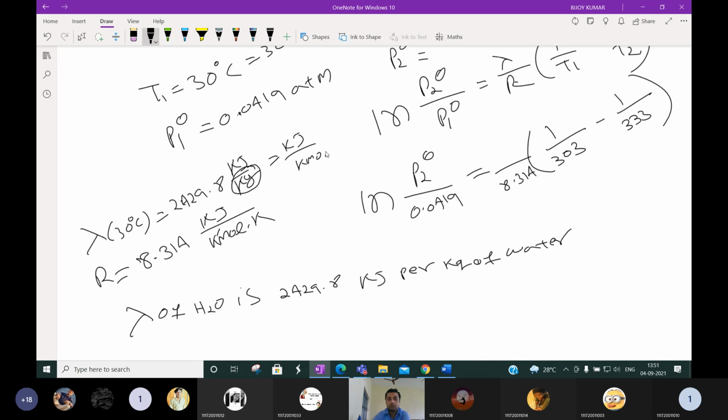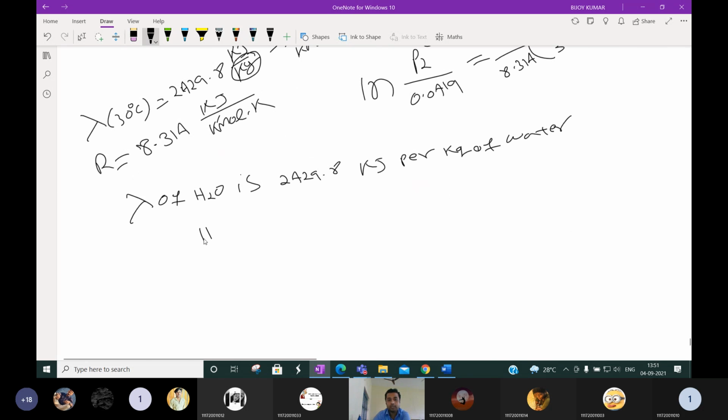For water, the molecular weight is 18 gram per mole, or 18 gram of water is 1 mole of water. Yes or no?